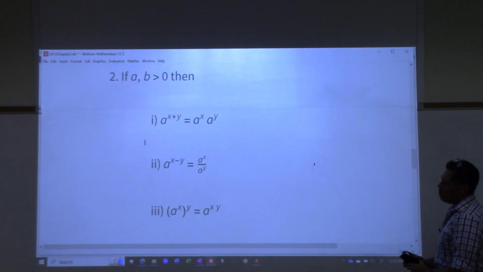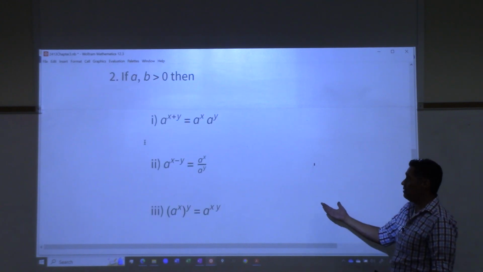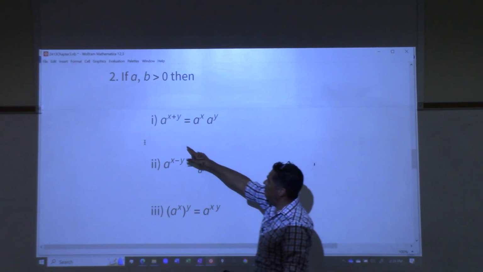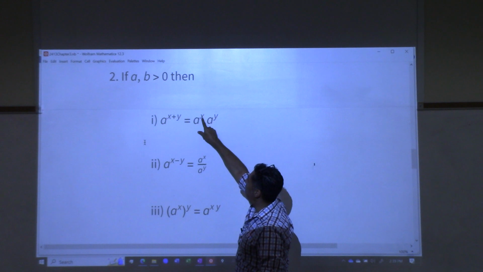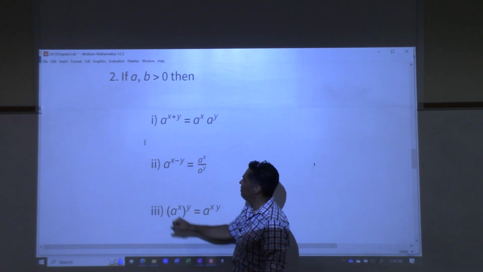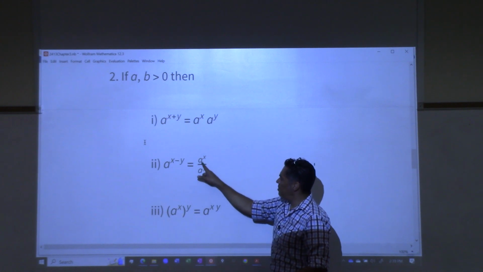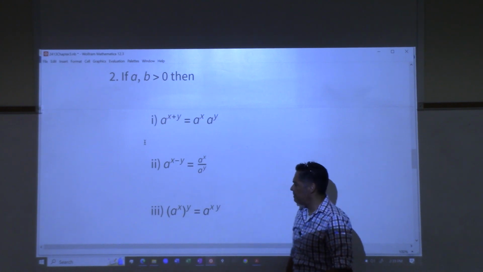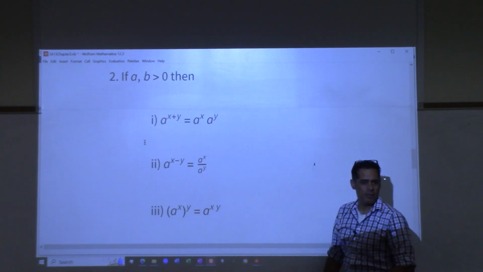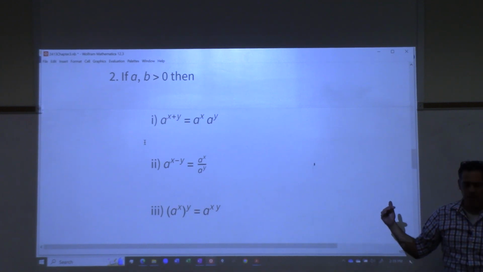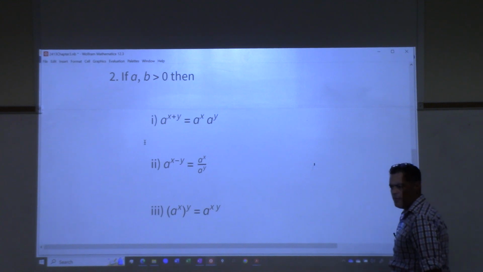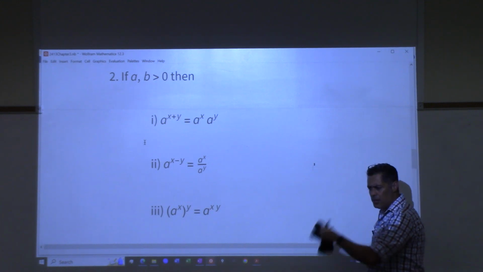We also have these properties of exponents that we've been using throughout this class and classes before. If you have something to a power times something to a power, if they have the same base, you add the exponents. If you have division, same base, you subtract the exponents. And then if you have something to a power, you multiply the exponents, right? Those all look familiar to you? Properties of exponents. And do we have those on our formula sheet? Those, I think, are on the formula sheet on maybe the very first page on algebra.